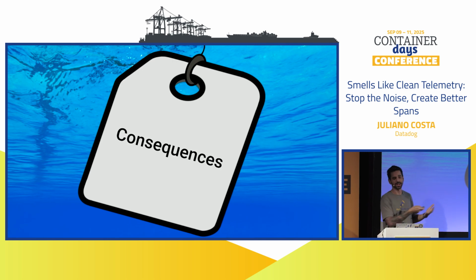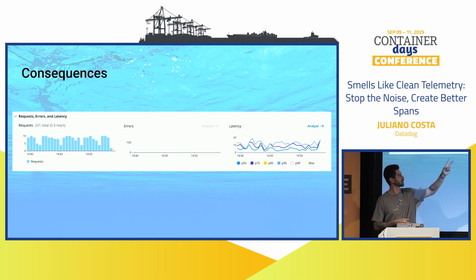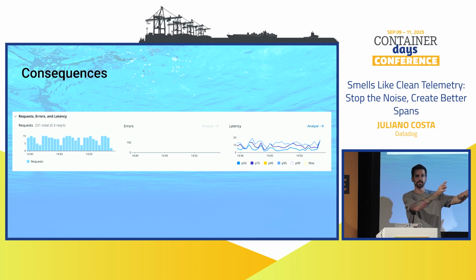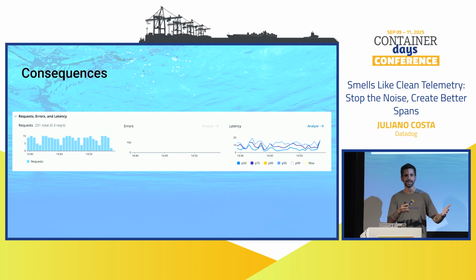Otherwise, there are a couple of consequences. Let's say that you want to create a dashboard with RED metrics, so request, errors, and duration, or latency. And that should be pretty easy, right, for all your production services. You just go and say, hey, I want to see these 3 metrics in all my services that have the tag production, or prod, or PRD.